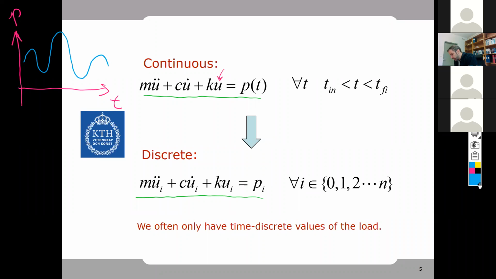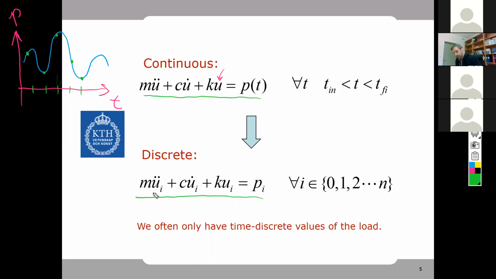We have chosen to solve at discrete intervals. So thus, we also need the value of p only at these discrete intervals. Right?